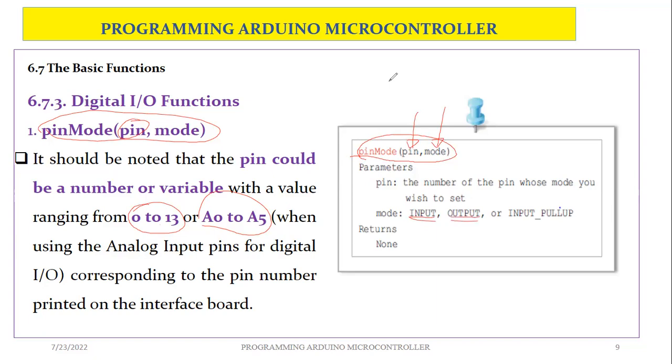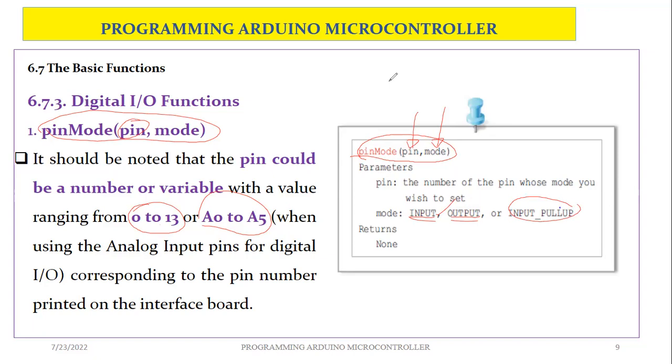It can be output, or in some situations, we can also use it as input pull up, okay? But in many cases, we will be using it either as input or output, okay? Take note of the fact that with the digital input output pins, the input can be considered to be high or low, and the output will also be considered high or low, okay?